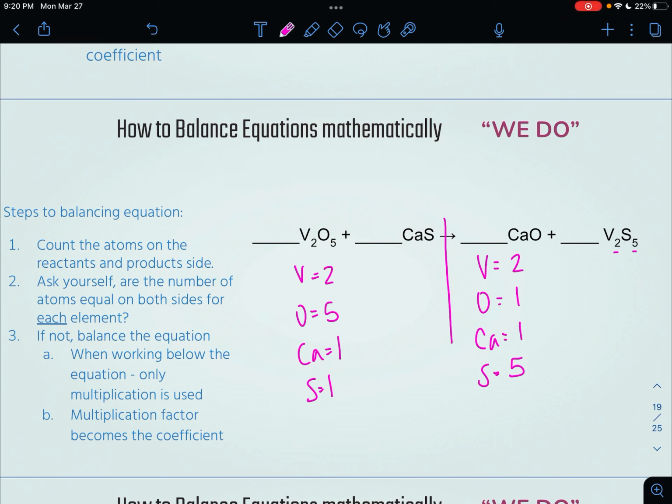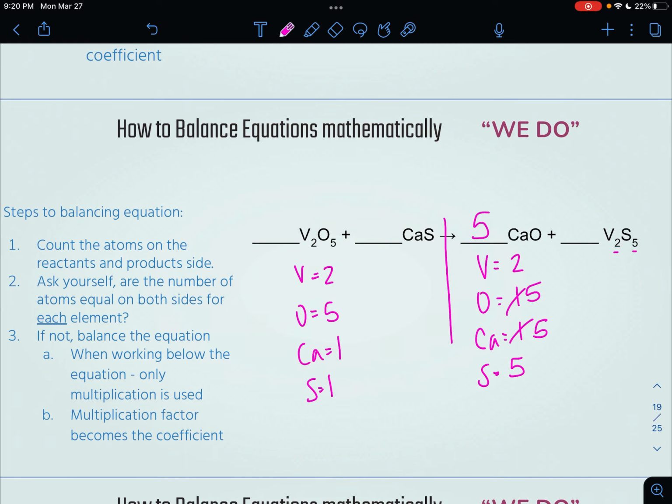In order to make it 5, I can just put a 5 in front. So now I have 5 and 5. But that also changes my calcium, because remember, it's not just 5 of the oxygen, you added 5 of the whole molecule. So now my oxygen is good, 5 and 5 on both sides. Now I'm just going to keep going down the checklist.